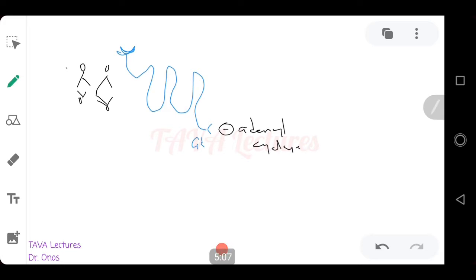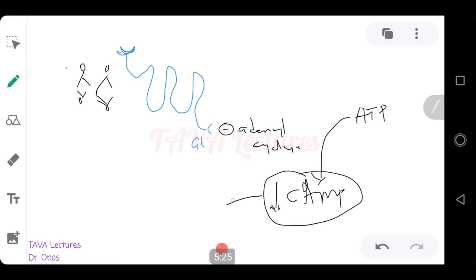Adenyl cyclase is responsible for converting ATP into cyclic AMP. So if this enzyme is inactivated, there will be a decreased amount of cyclic AMP produced. Probably this is what is responsible for the decreased heart rate and decreased conduction velocity produced by M2 receptors at the level of the SA and the AV node respectively. So this is just how it works.